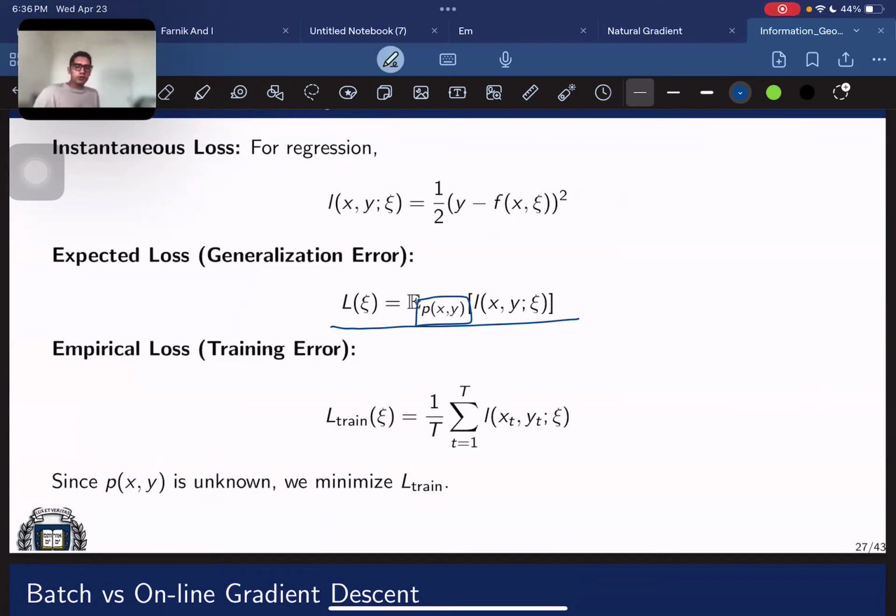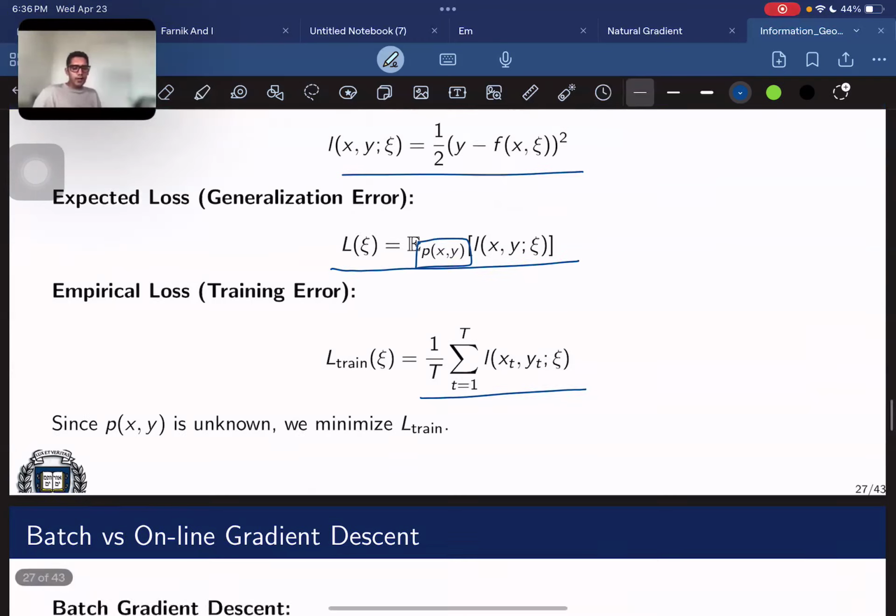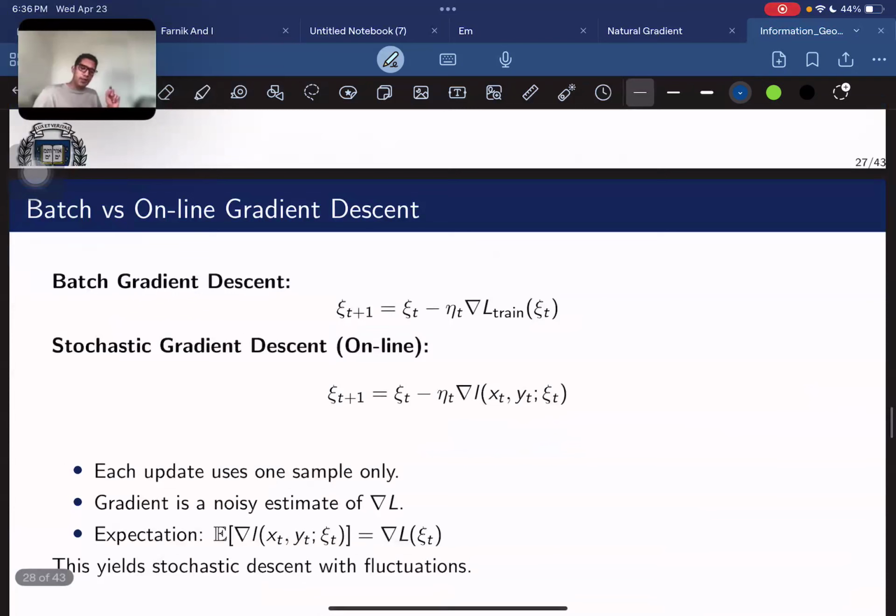So what you do is take an estimate of the gradient of your function. What's the estimate? You take the gradient of that observed point at each round, and then you simply take a step toward that gradient.